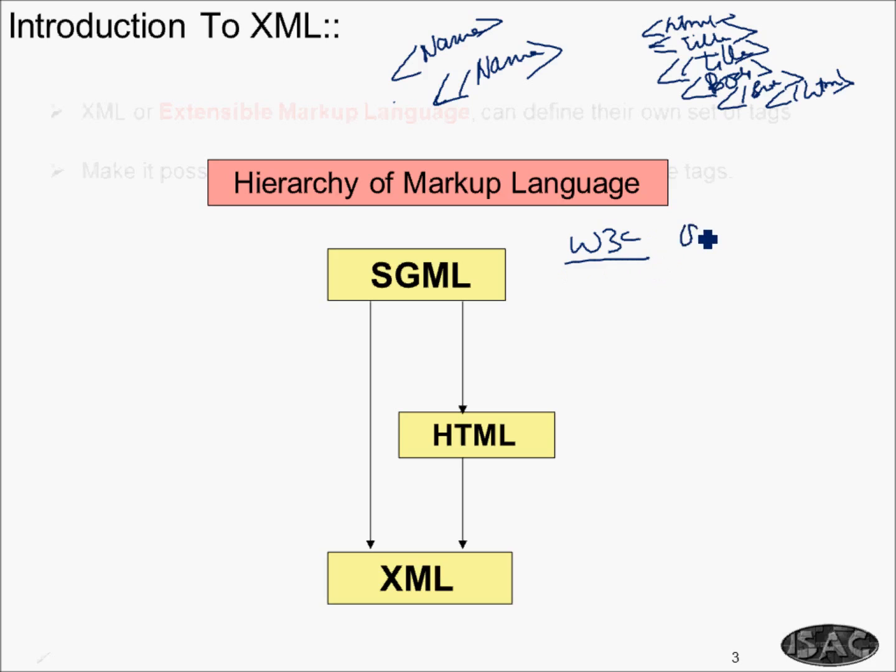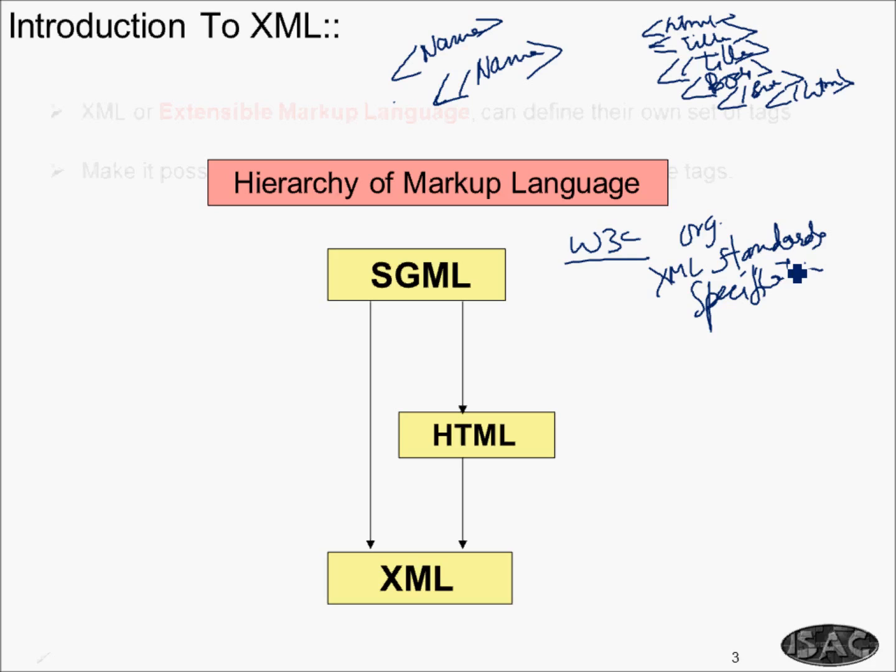This is the organization responsible for XML standards and specifications. They define what it means to have an XML, and some of the rules of creating XML, validating XML and so on.